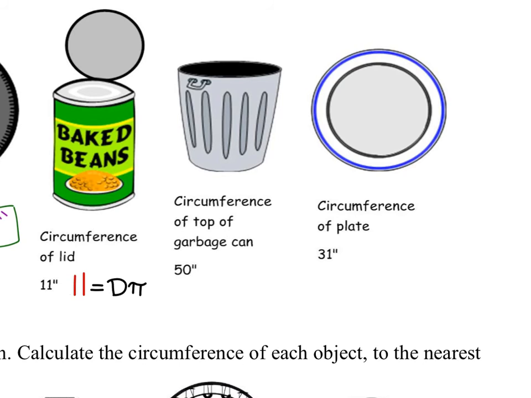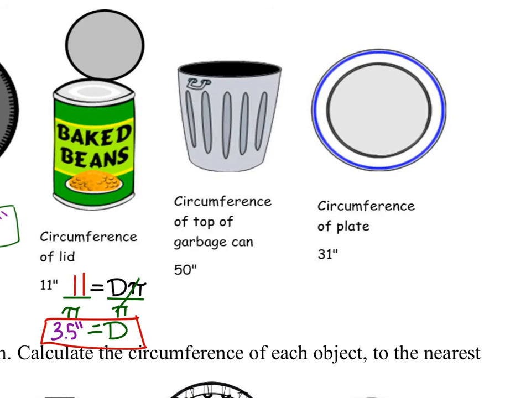Then I solve this just like a regular equation. I don't want pi d, I want 1d, so I divide both sides by pi. The pi's cancel, and that tells me the diameter: 3.50. But again, the answer is not just 3.5. This one would be 3.5 inches.